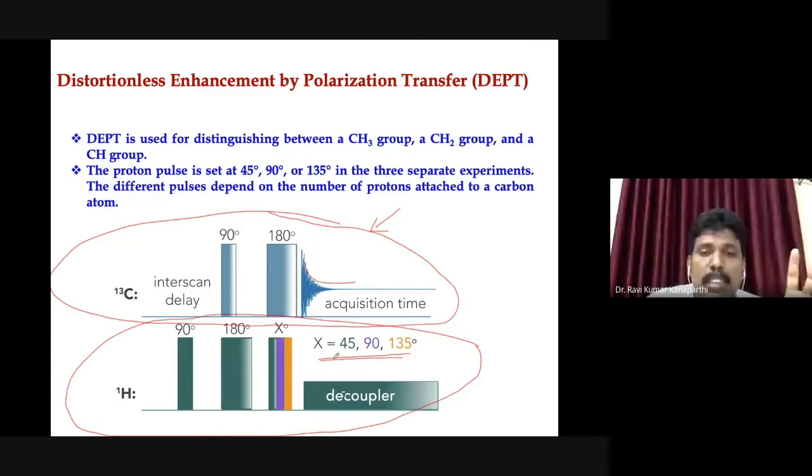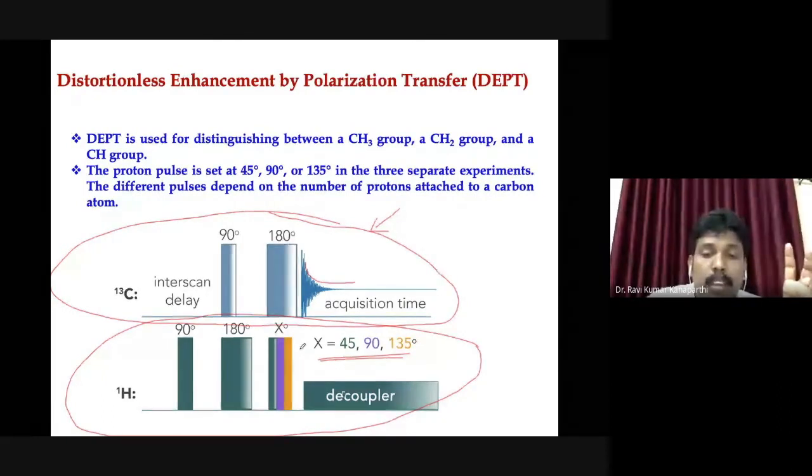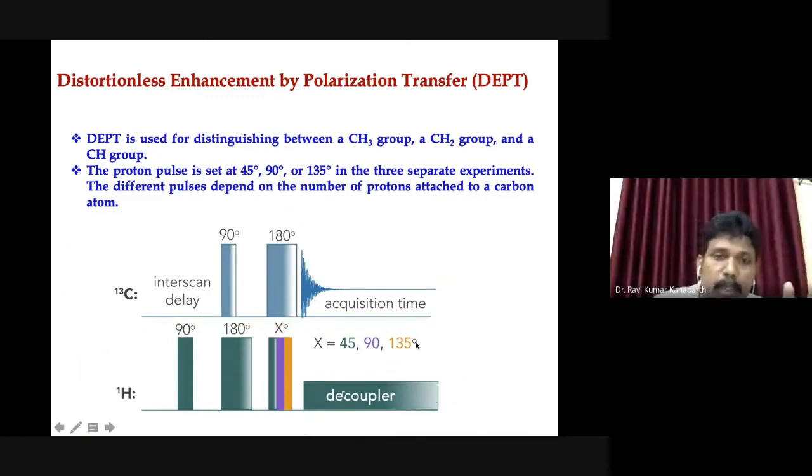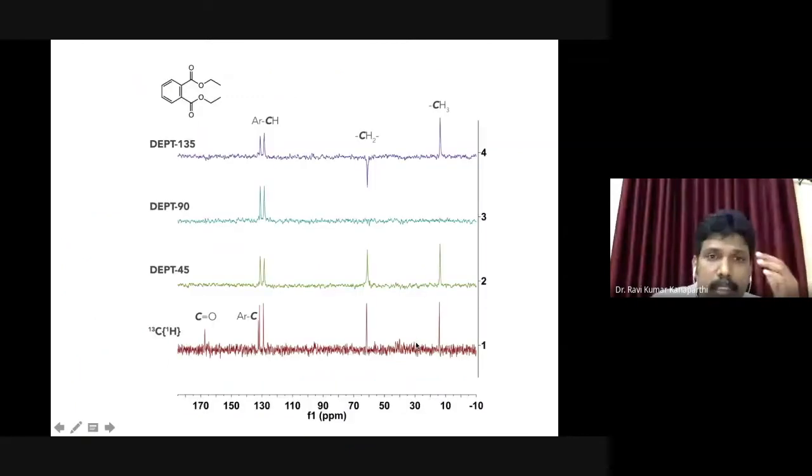Whereas in the DEPT technique, we use different pulses, different decouplers. Those typical ones are the 45, 90, and 135 decoupler pulses. Therefore, we get some more information. What is the information that we get? Let's try to understand with an example.